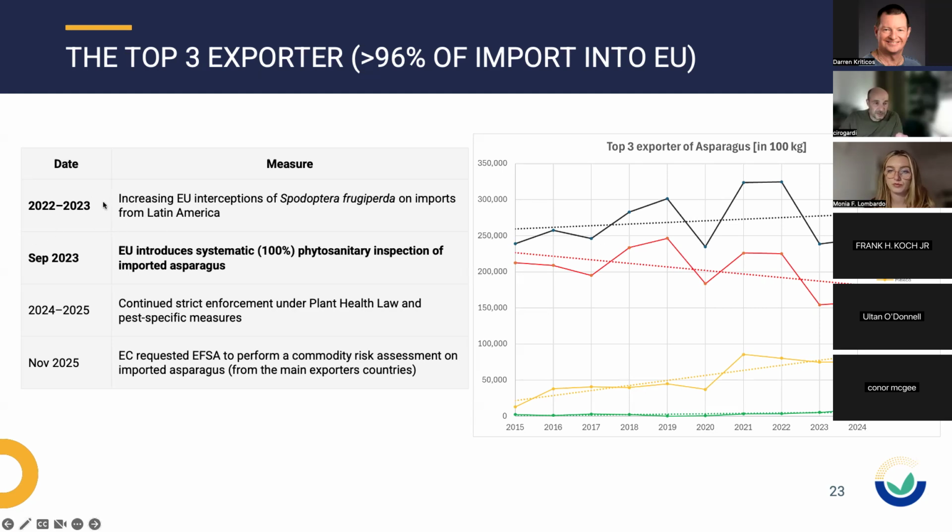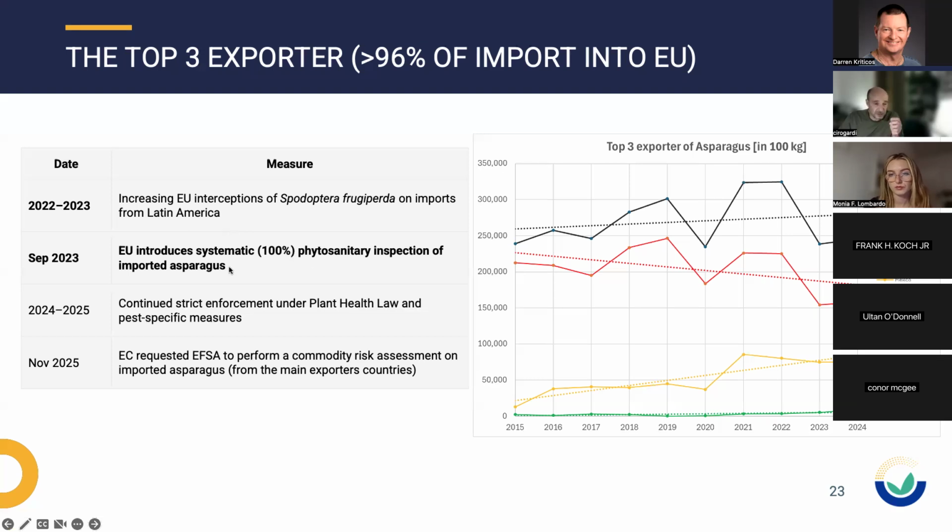Here is the story in brief. In 2022, 2023, there were frequent interceptions of Spodoptera frugiperda on asparagus. This raised attention for the Commission, which increased the rate of inspection on asparagus consignments, moving from 1% of the consignments inspected to 100%.